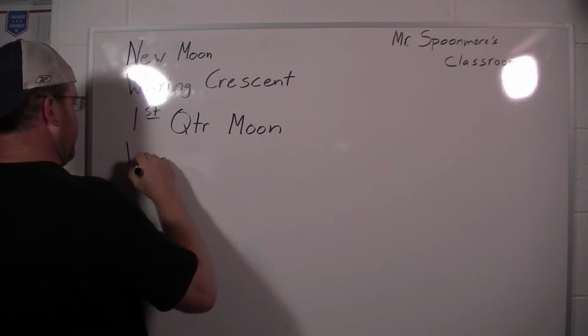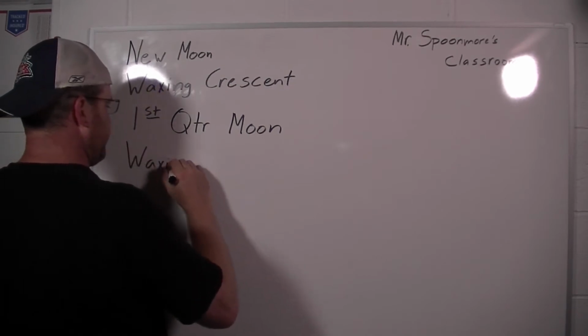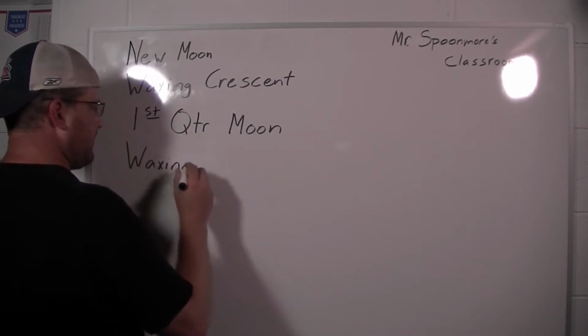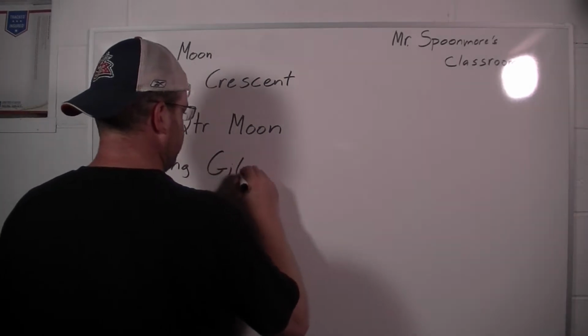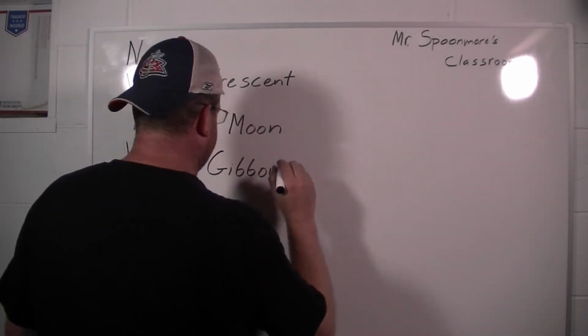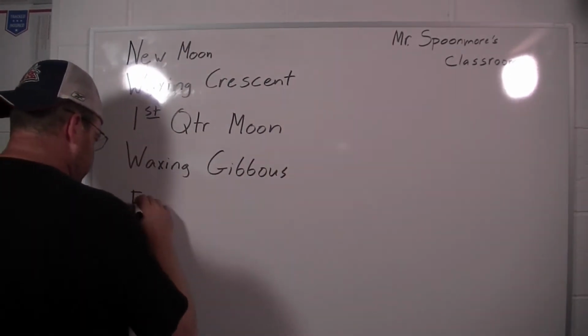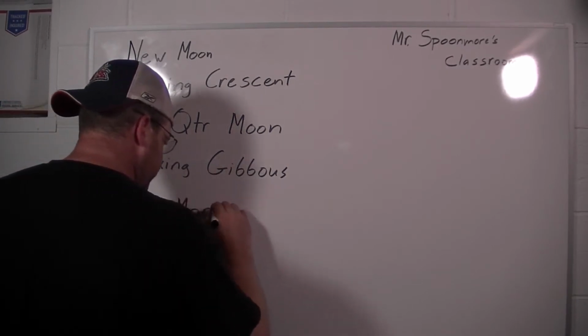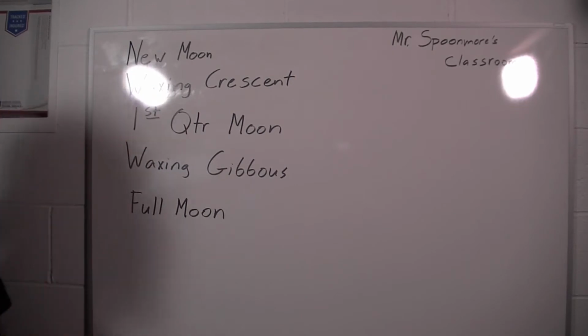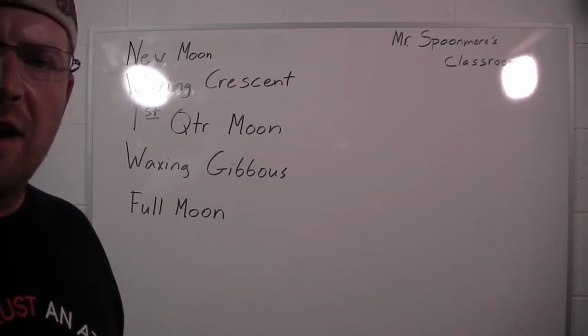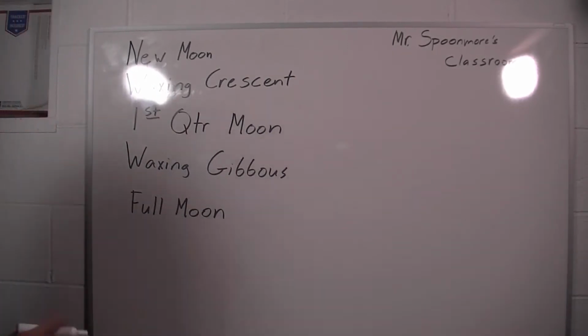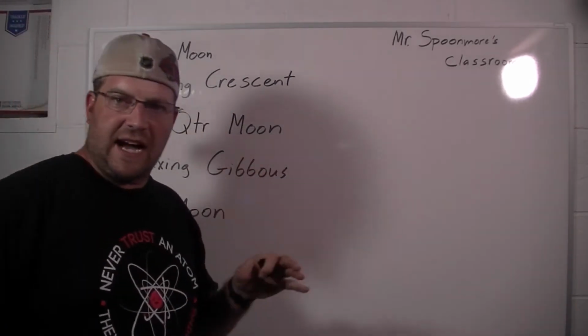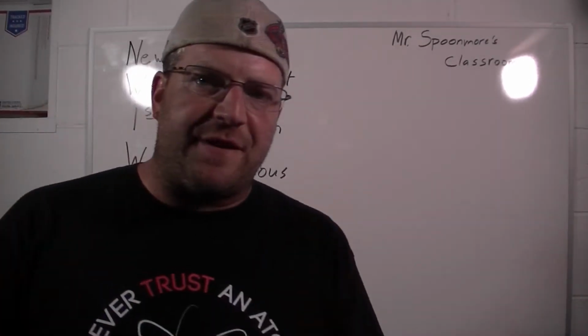Then we have a waxing gibbous, and then we have the full moon. So, these are the key terms that we need to know for when the moon is getting bigger in the sky. Now, does it actually physically get bigger?